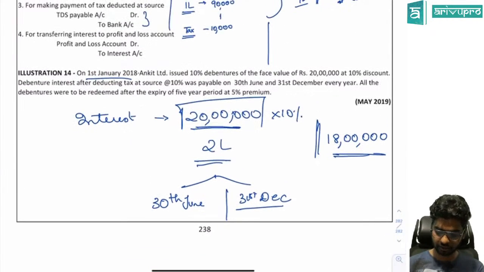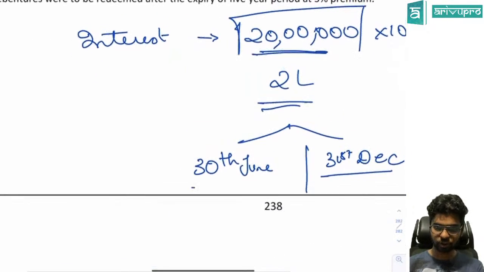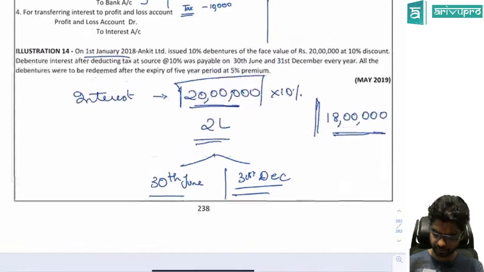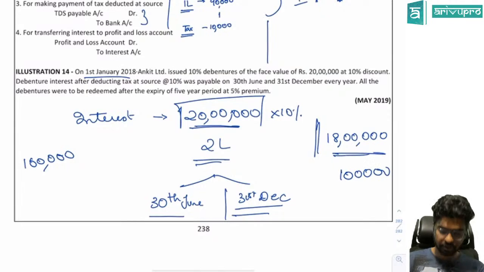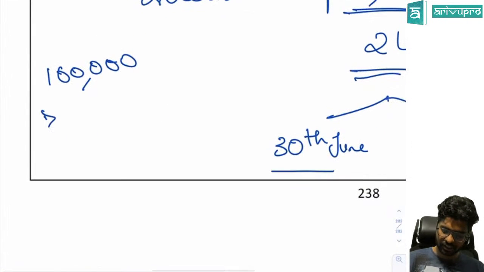So what would be the interest on 30th June and 31st December? It's going to be 1 lakh and 1 lakh.